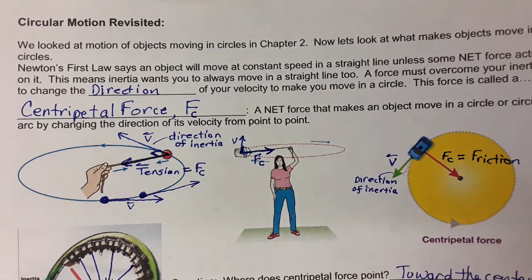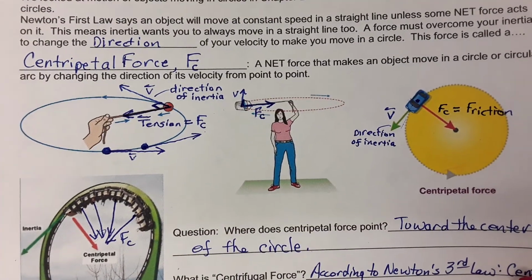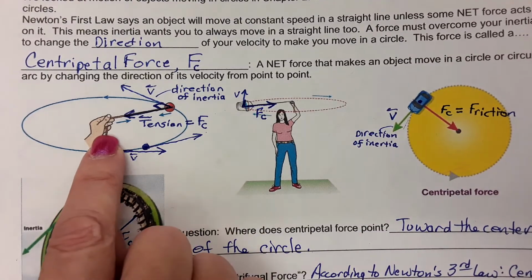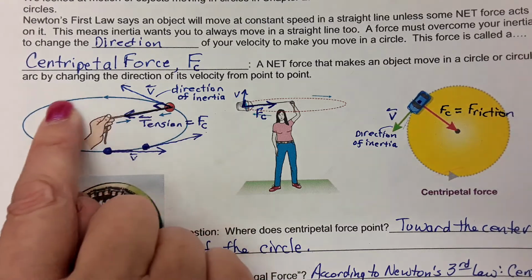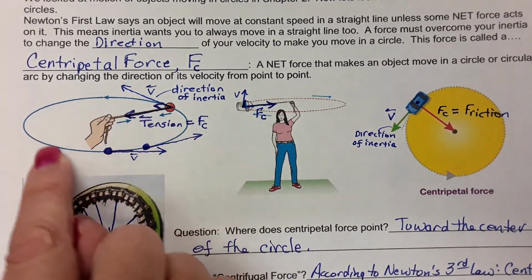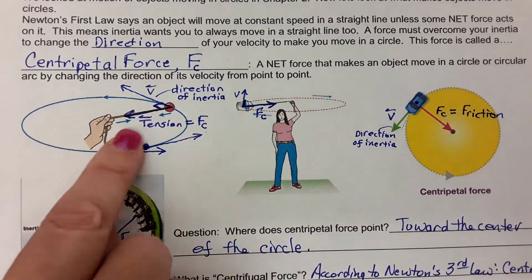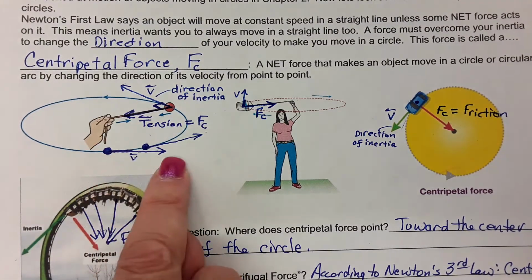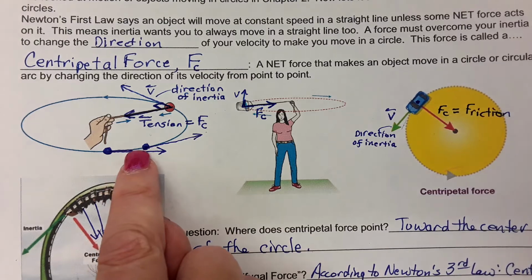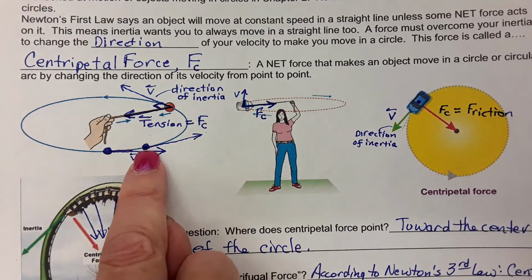On your paper, you have several pictures, so we're going to look at them one at a time. In this first one, you have a hand holding a string with a ball tied to one end, and it's being whirled by the person in a circle. Now, the velocity of the ball is always tangent to the circle. That means the line of the arrow shares only one point with the circle.